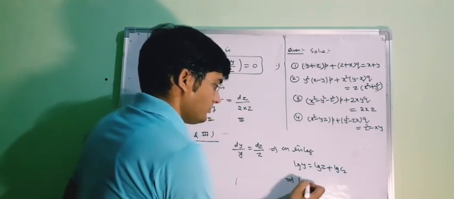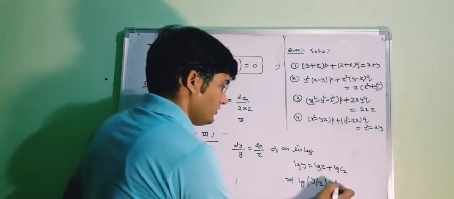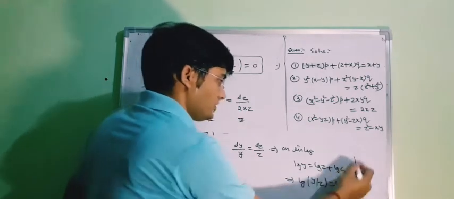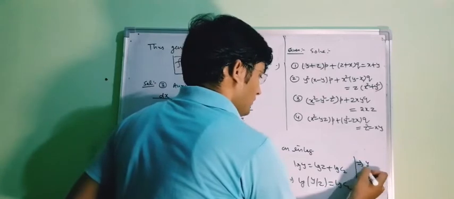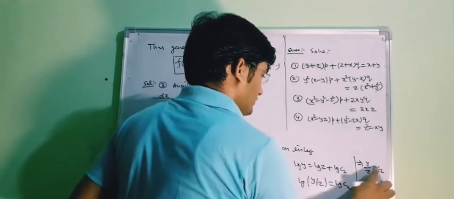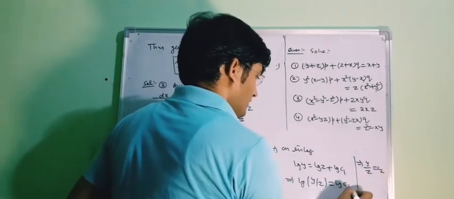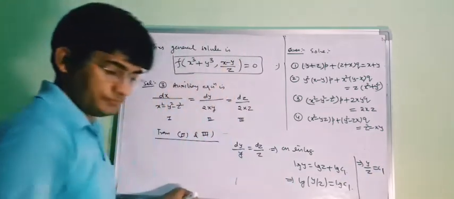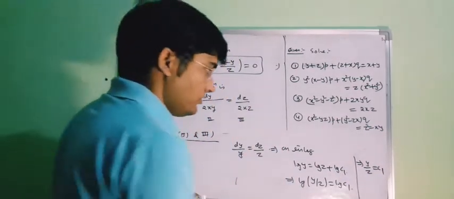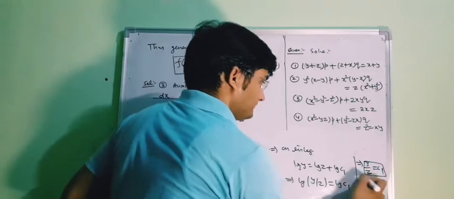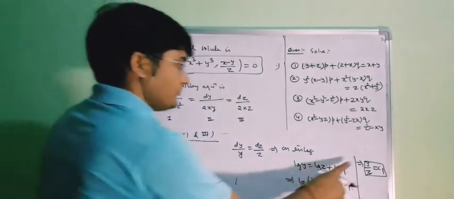So we will get log y upon z equal to log c2. So your first solution is y upon z equal to c2. Sorry, say c1. So we have one solution, which is y upon z equal to c1. So this is your first solution.